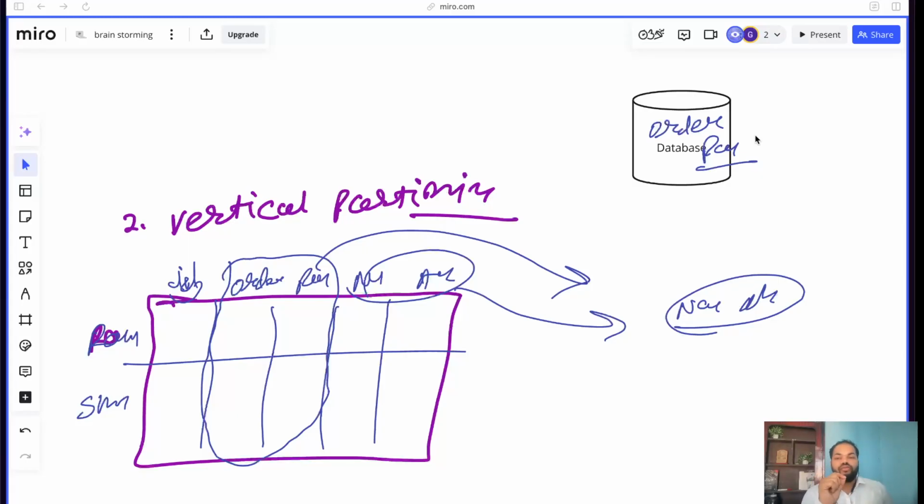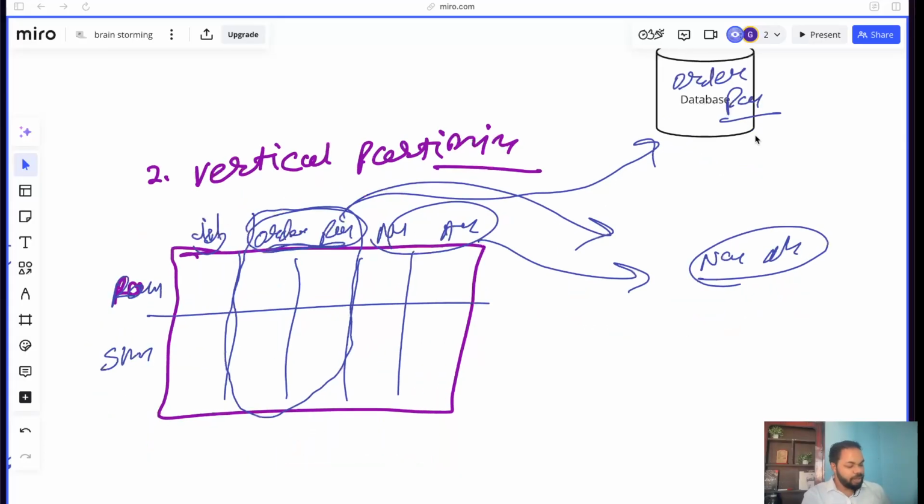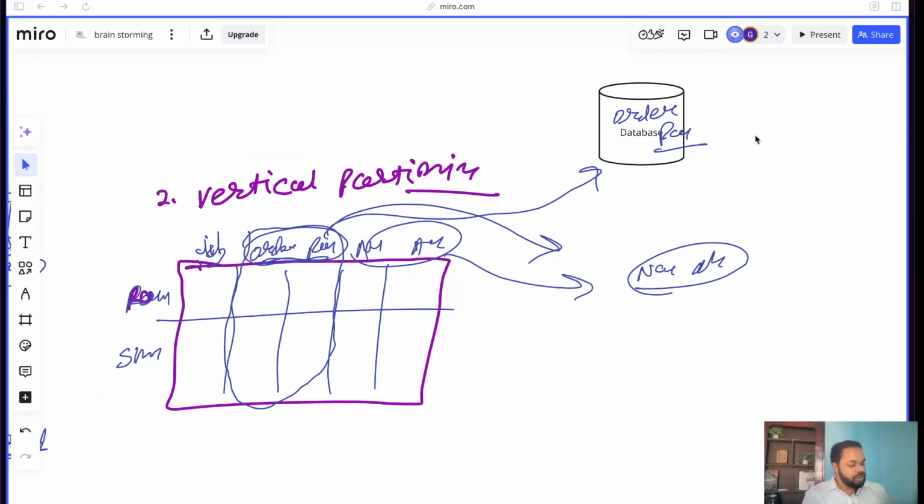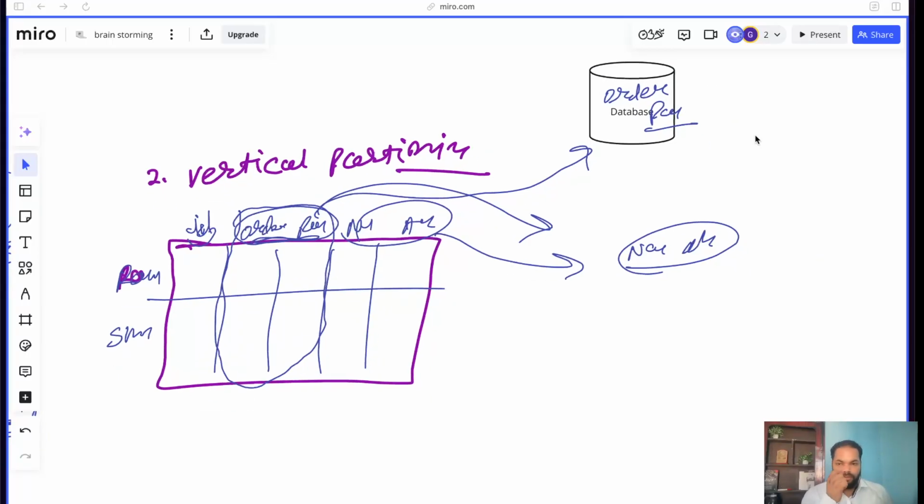This way we are dividing the data column-wise. For dividing this particular table we have a rule that says orders and payments go to this one; that is our partition key. And what are the drawbacks with it? Suppose you don't choose the partition key wisely; the same thing goes for this one also.